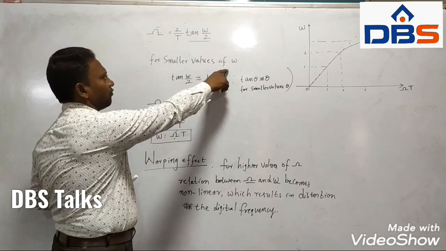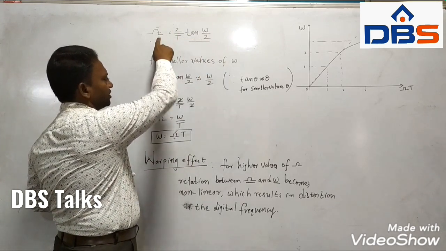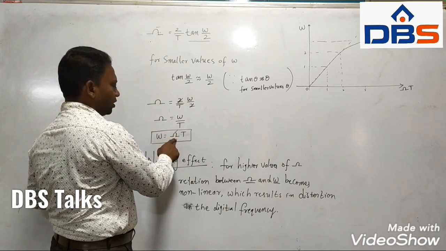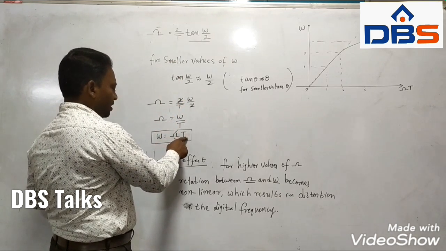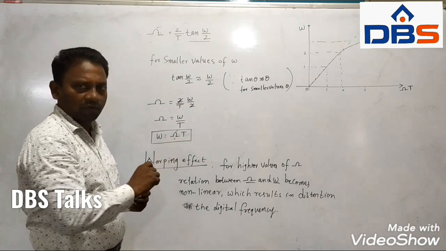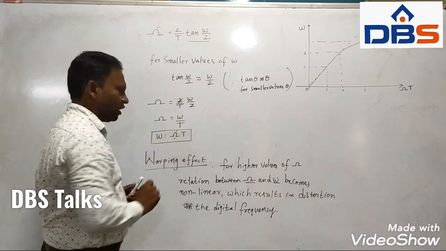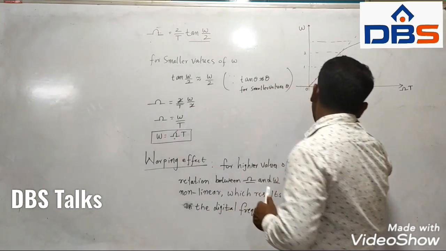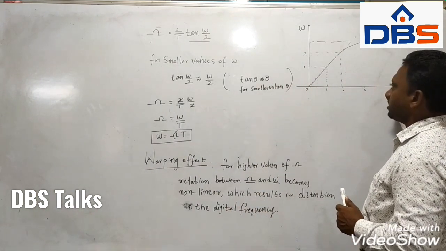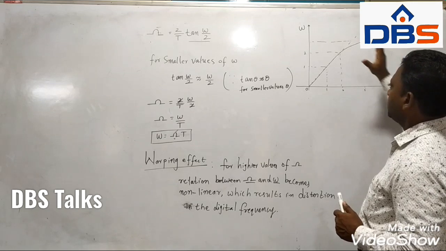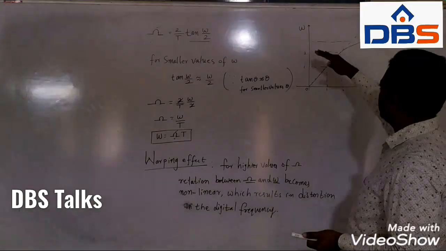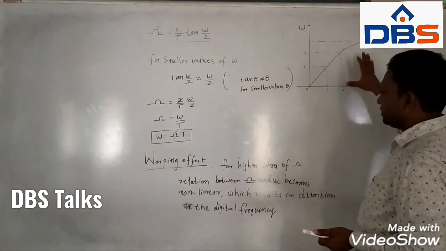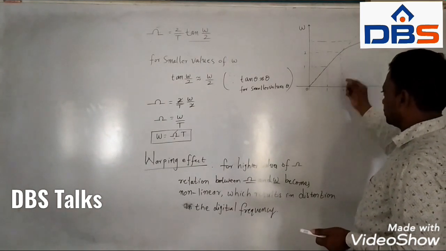For smaller values of omega, this relation becomes digital frequency equal to analog frequency times T. For smaller values of omega linearity holds, but as you increase the frequency in the analog domain, non-linearity occurs in the digital domain, and because of that non-linearity, distortion is introduced.